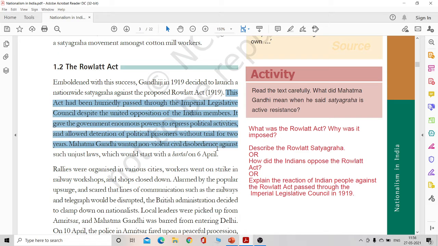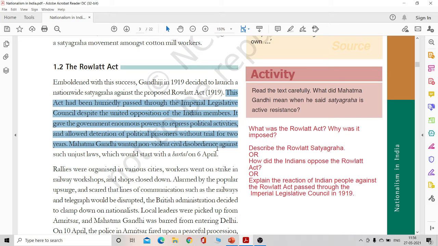So political prisoners, if caught on mere suspicion, could be put in jail without trial. That is as good as assuming that the person is guilty without actually having to prove it, right?